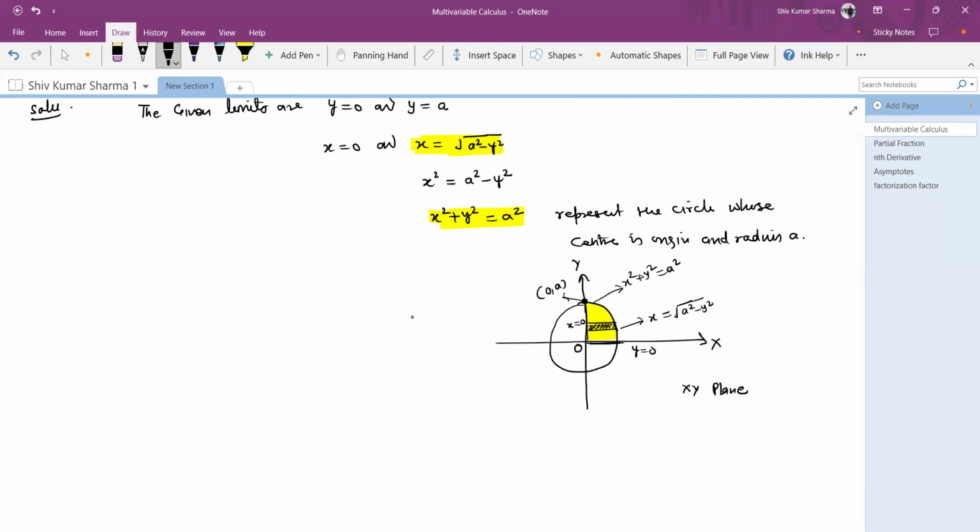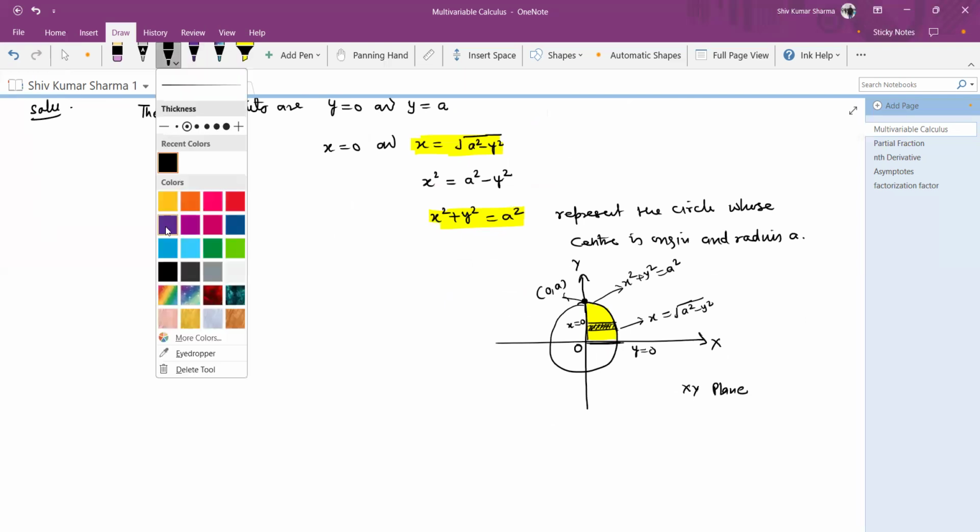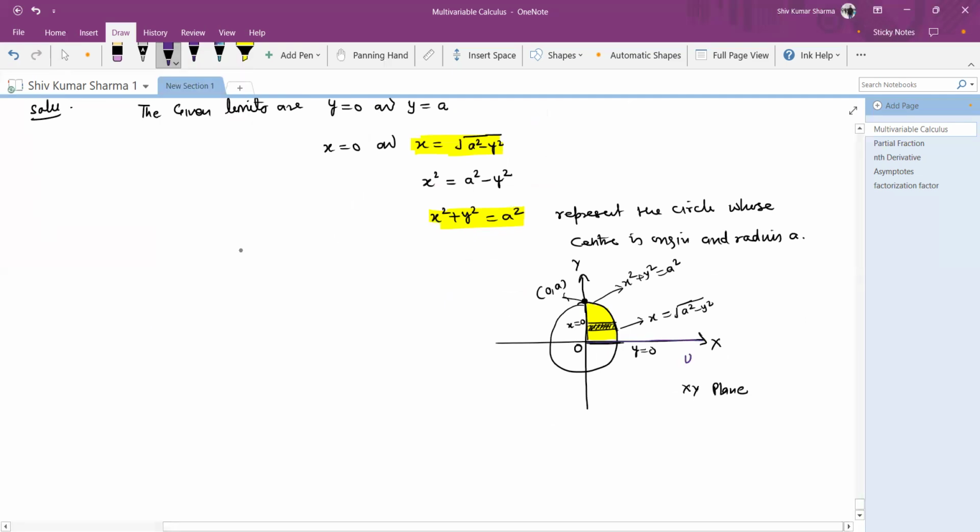Now when we talk about the polar form, we have an initial line. This x-axis we treat as the initial line, for which theta is equal to 0.